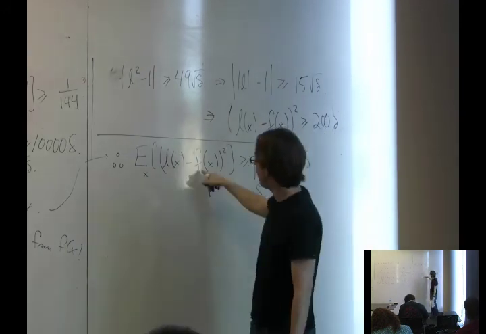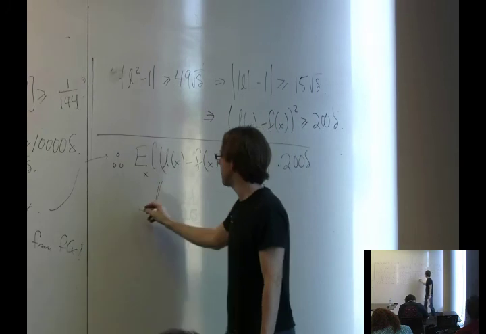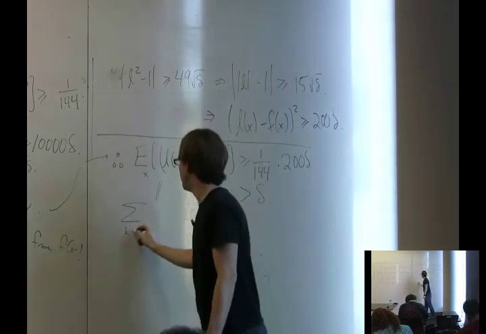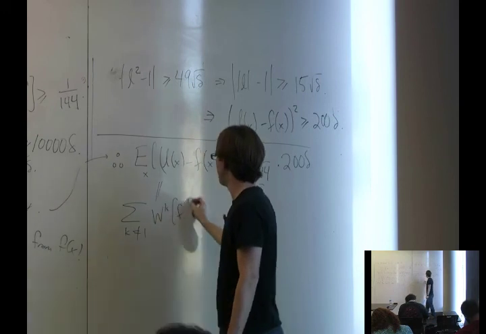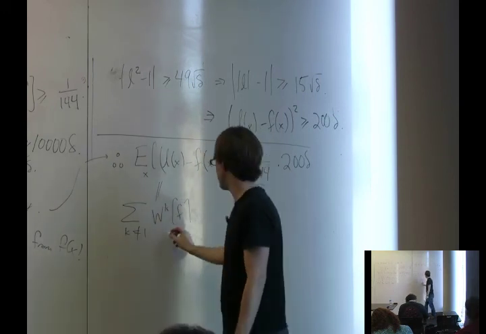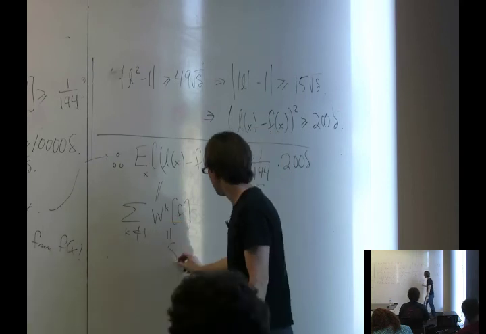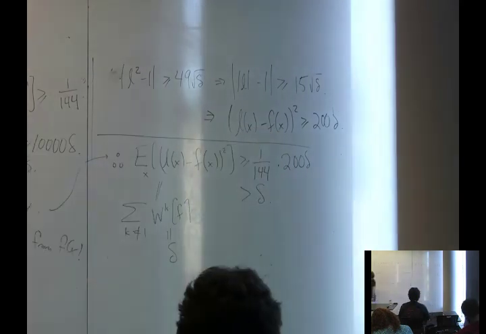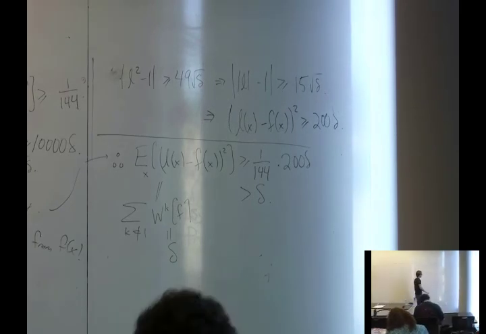But I've just subtracted the linear part of f from f. So this is exactly the sum over k not equal to 1 of the weight at level k of f, which is supposedly at most delta, because the weight at level 1 is 1 minus delta. So that's the contradiction.